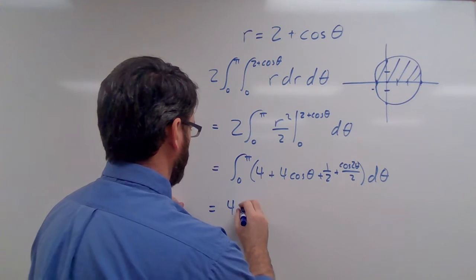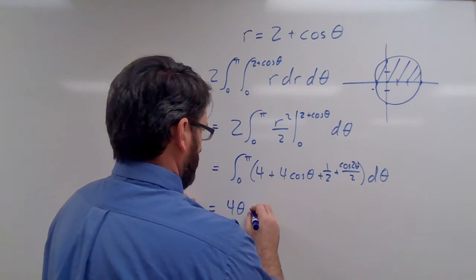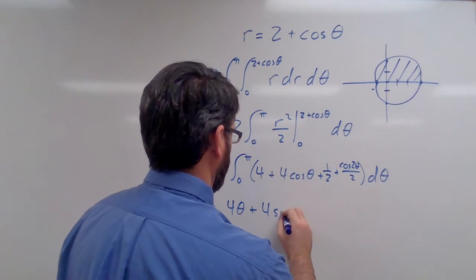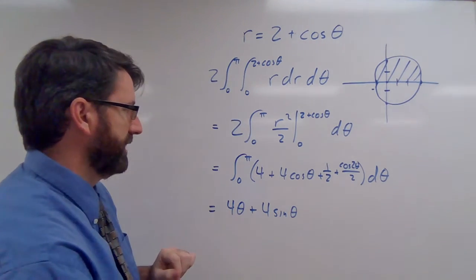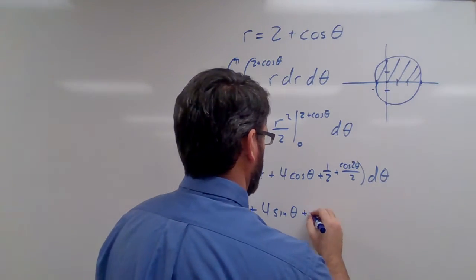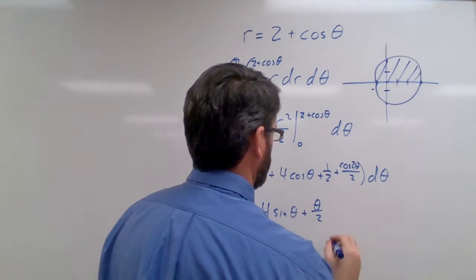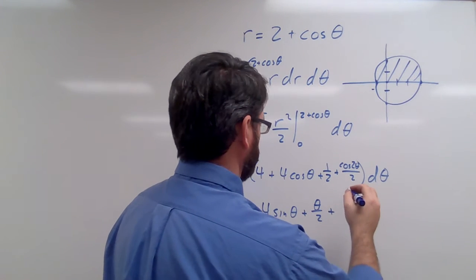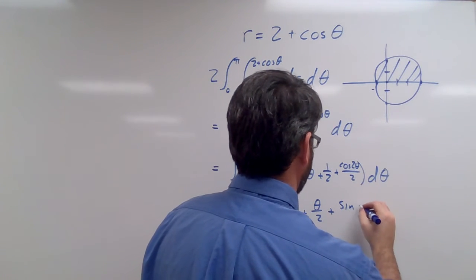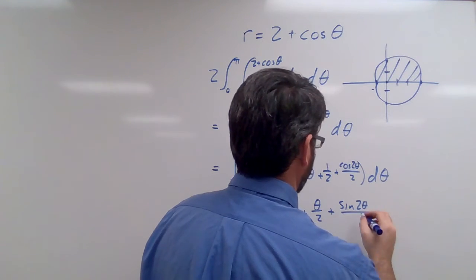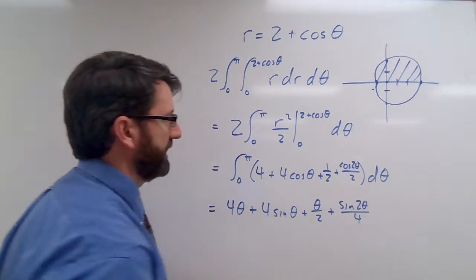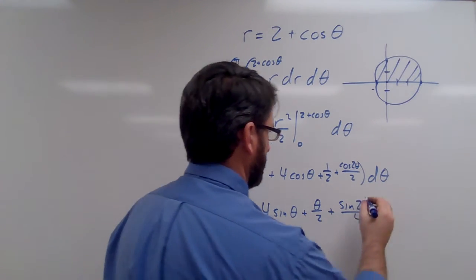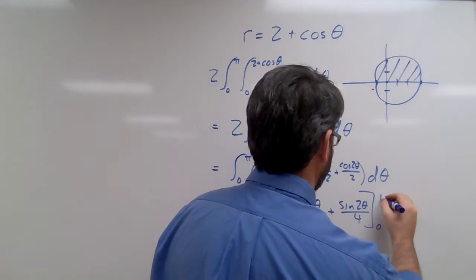This is going to be 4 theta plus 4 sine theta plus theta over 2 plus sine 2 theta over 4, because we'll have that extra 2 in there. And we're going to evaluate this entire thing from 0 to pi.